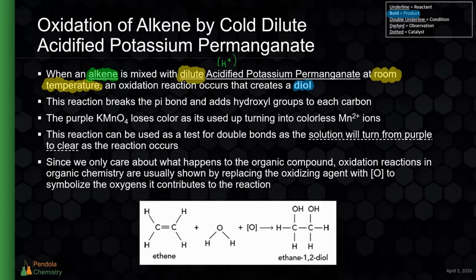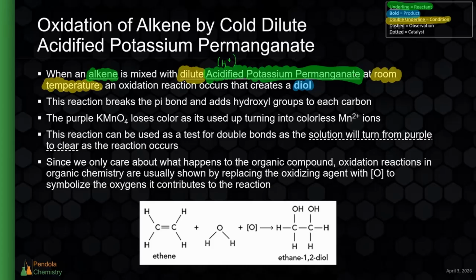But all of these different parts are important here. The alkene has to react with acidified potassium permanganate, meaning that it has to have an acid in it. It needs to be dilute and at room temperature to get the diol, or we're going to get a different product that we'll see in the next slide. So we have here some conditions with some reactants and some products.